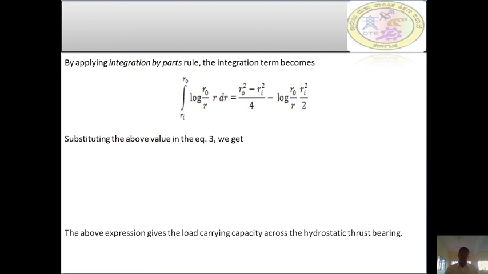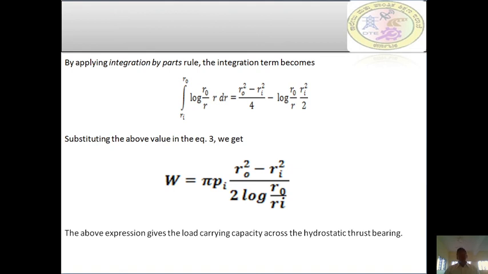You substitute this value in the previous equation 3, and what we are going to get is W, that is, the load carrying capacity across the bearing, is pi into pi into R0 square minus Ri square divided by 2 log R0 by Ri.